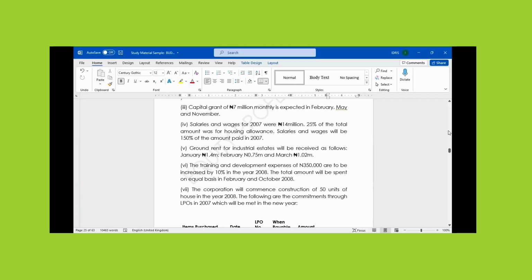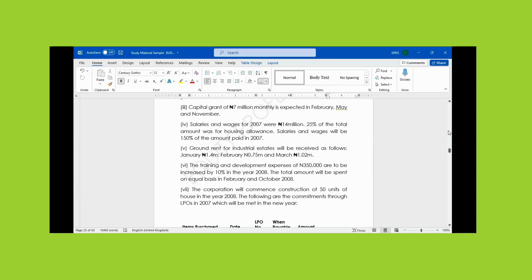You will now take 25% of 17.250, which is 4,312,500. Plus 17.250 gives 21,562,500.